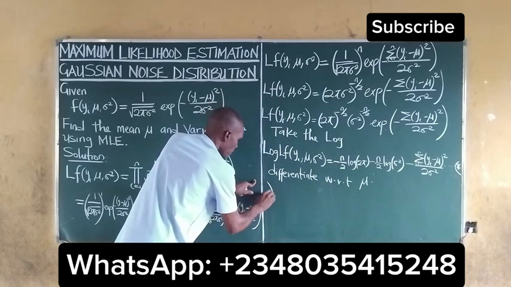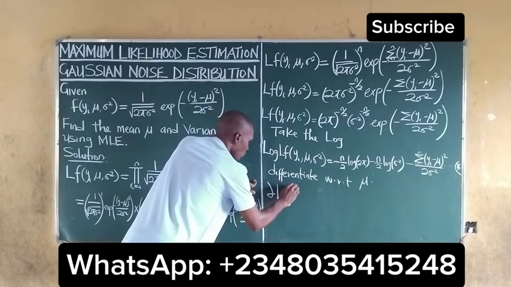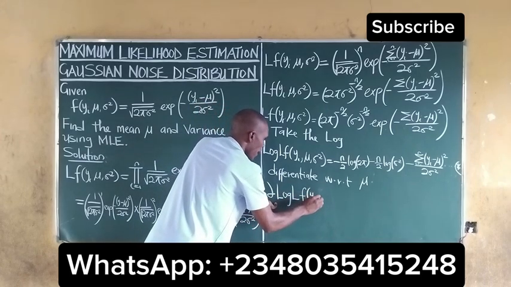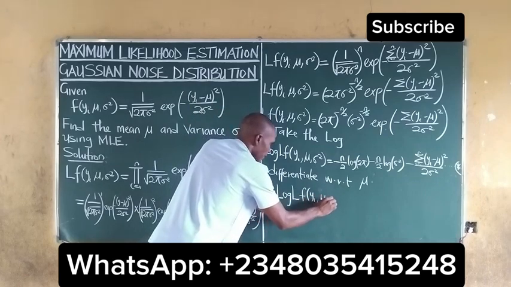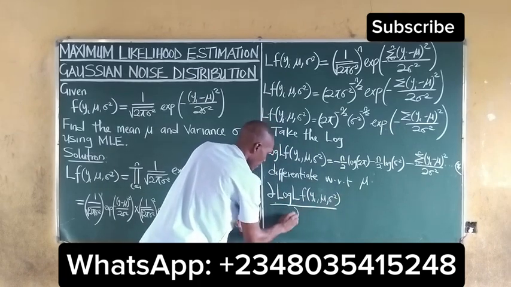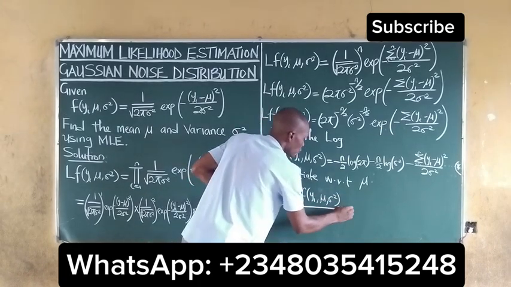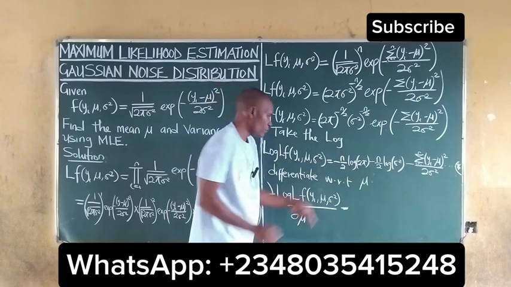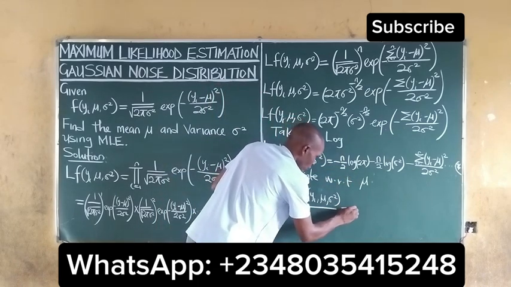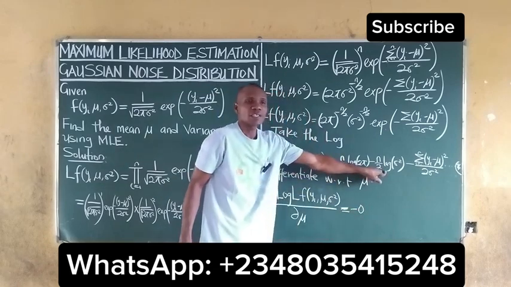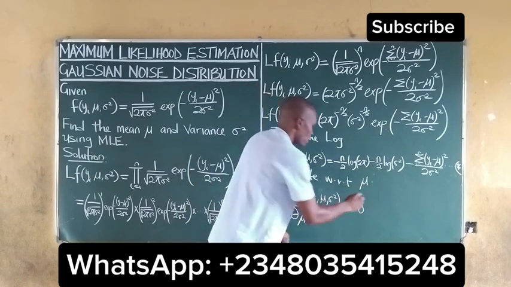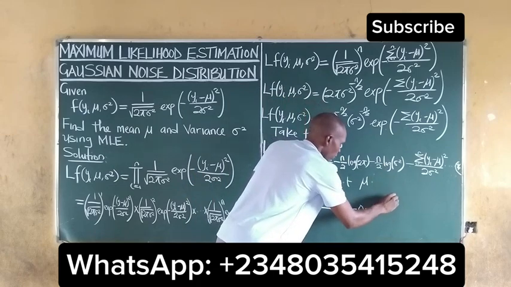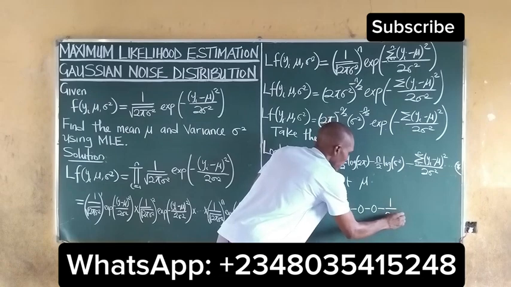The partial derivative of the log of the likelihood function of yi, mu and sigma squared with respect to the mean is equal to, since there is no mean parameter in this term, it becomes 0. Likewise here, since there is no mean parameter, we get negative 0. Here, if we differentiate this, we have negative 1 all over 2 sigma squared.